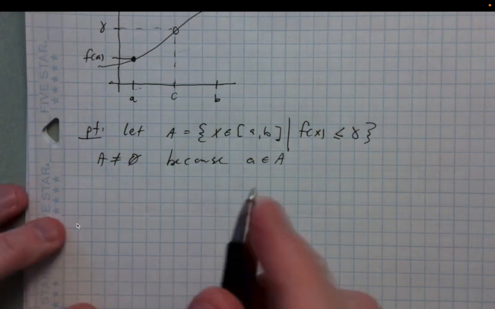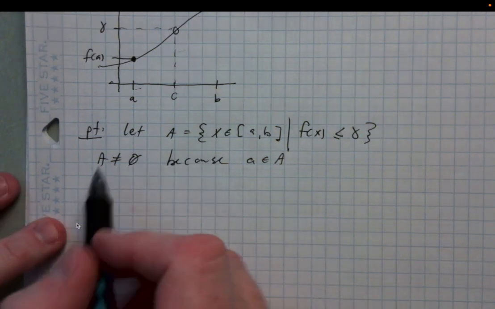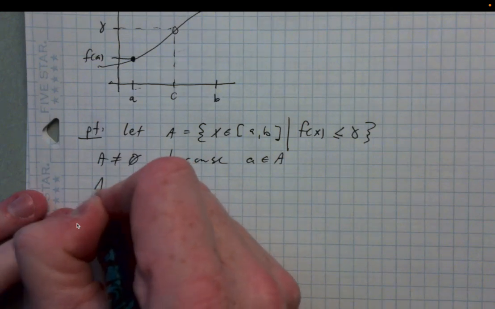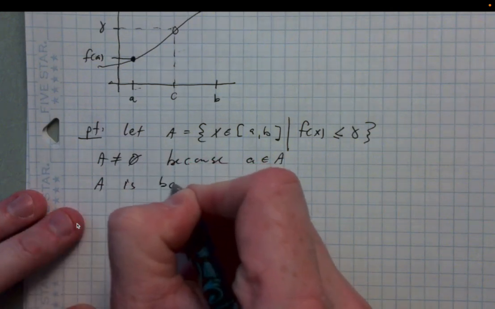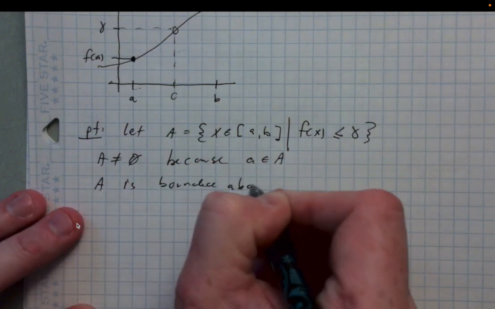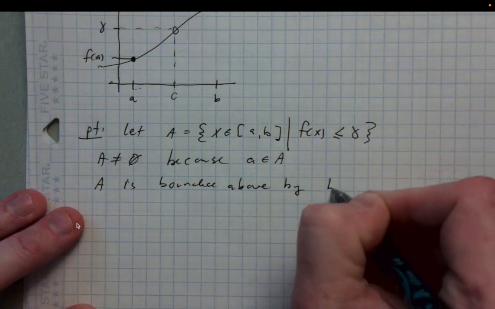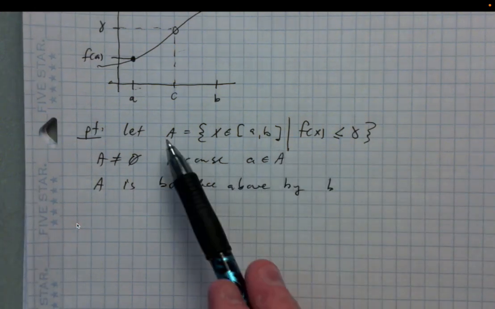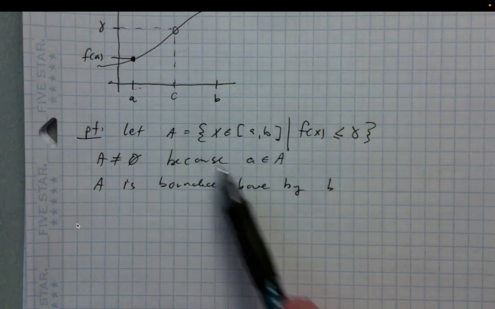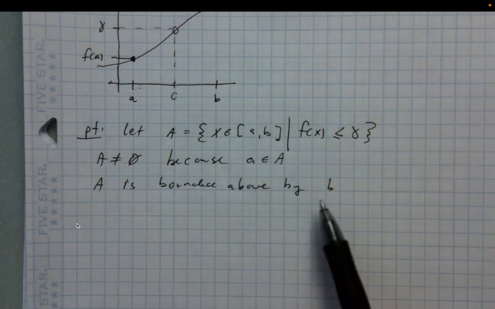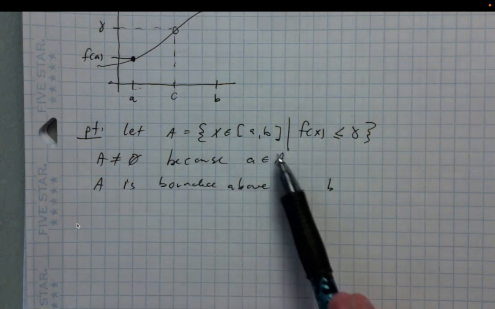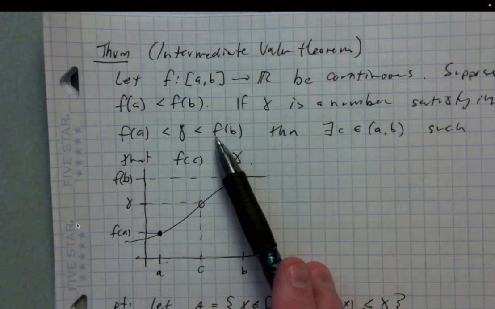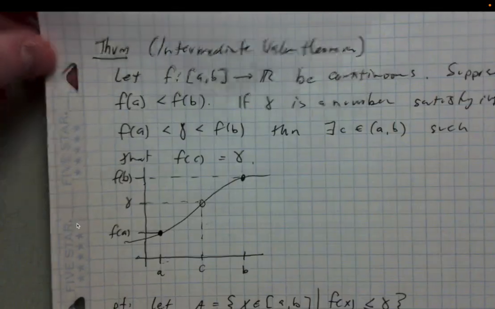And we also know that A is bounded above by b, right? Because f of b is greater than gamma. So this set A is non-empty because of the lower bound, and it's bounded above by the upper bound of the interval, because f of b can't be equal to gamma. That's part of the theorem. F of b is strictly greater than gamma, not greater than or equal to.